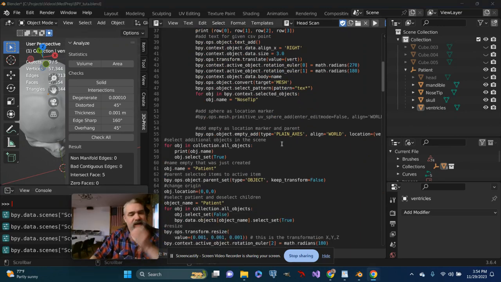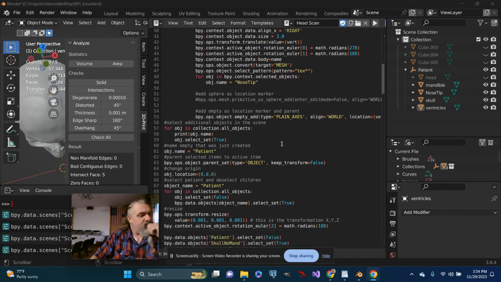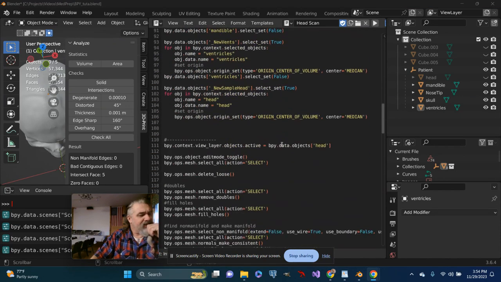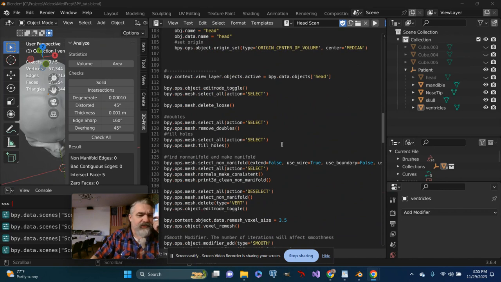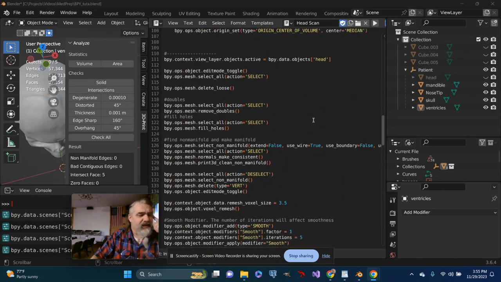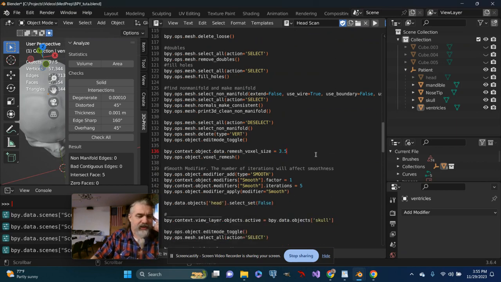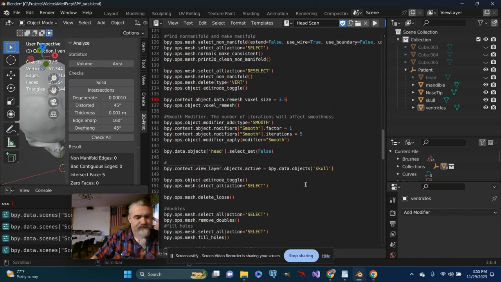Moving down, I think some of this is all right. But when I get down to the area where I'm dealing with things on a case by case basis, basically I'm running through a series of routines with small variations, where I might change the voxel size, or maybe I might change how much smoothing or how many times the smoothing happens.